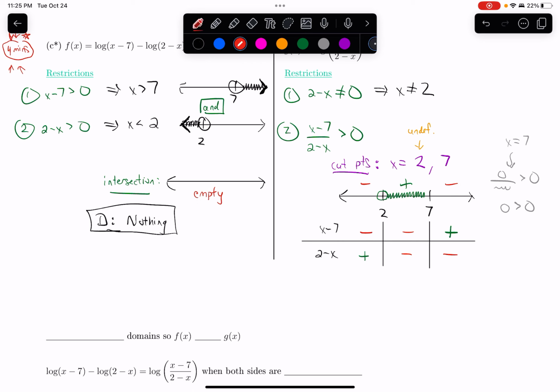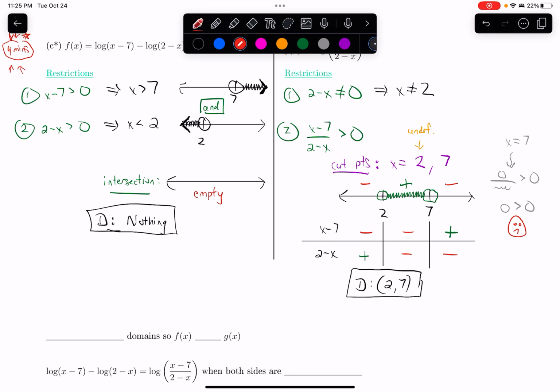So I'm going to put a sad face. 0 is not greater than 0. Because it did not work when I plugged it into my inequality, it should have an open circle as well. I would only shade it in if it works when I plug it into the inequality. Okay, so my domain for this one is 2 to 7. That's my interval with parentheses on both.